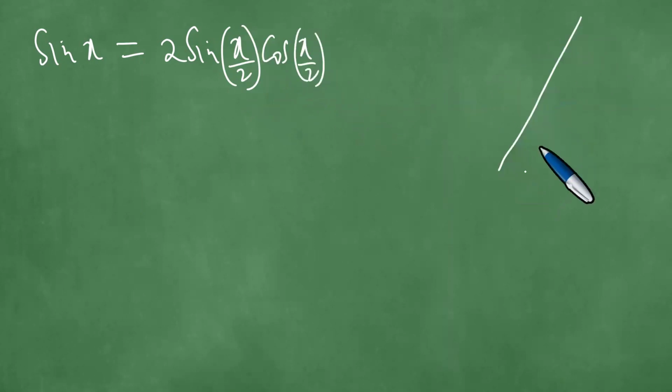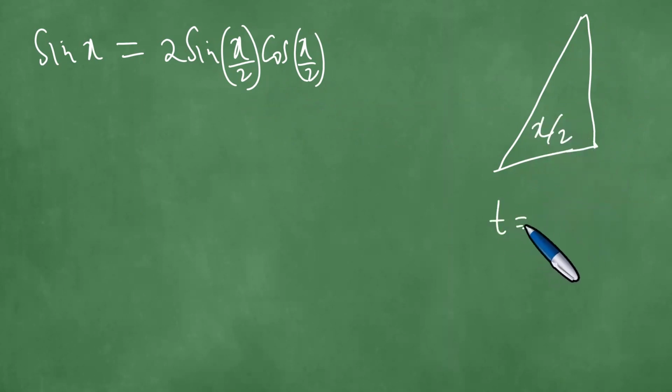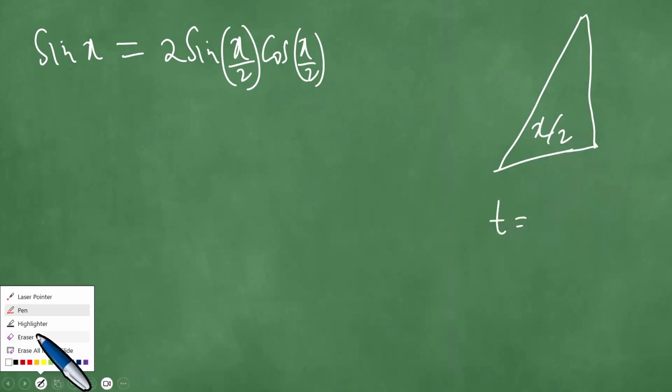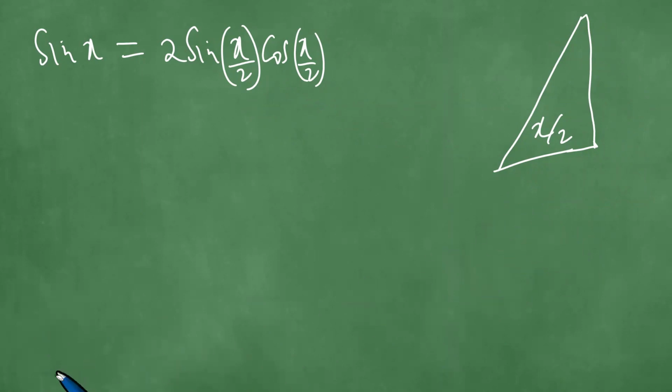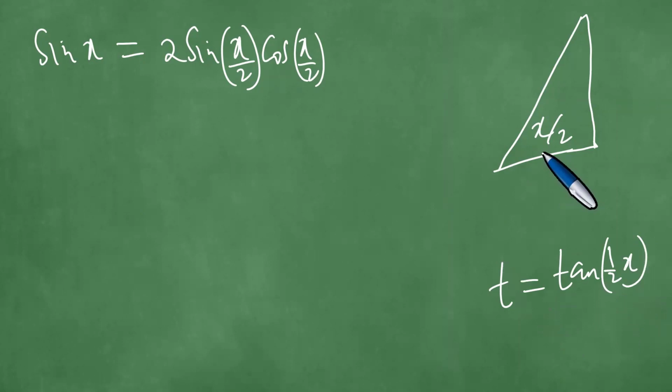Whereas simultaneously, we note that we can draw this particular triangle with the angle x over 2 for the suggested substitution. And the suggested substitution uses what we call our t substitution, where t equals the tangent of 1/2 x. So that now if you have the tangent of x over 2, it is actually the opposite over the adjacent.